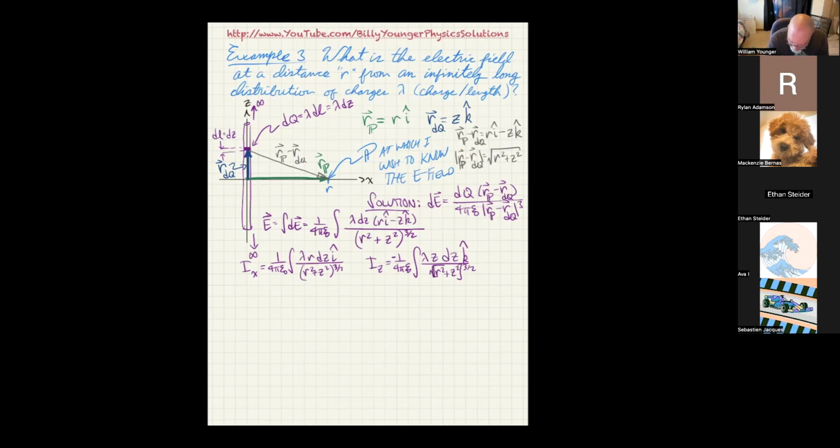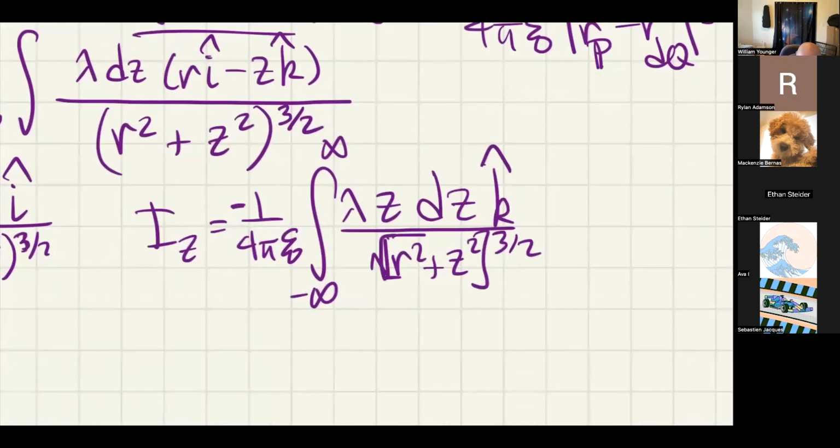Now, notice we're going to integrate all this. In this case, I'm going to integrate from z equals negative infinity to z equals positive infinity. So you can see that this vector we just made, this r_p minus r_dq, that vector is really important.